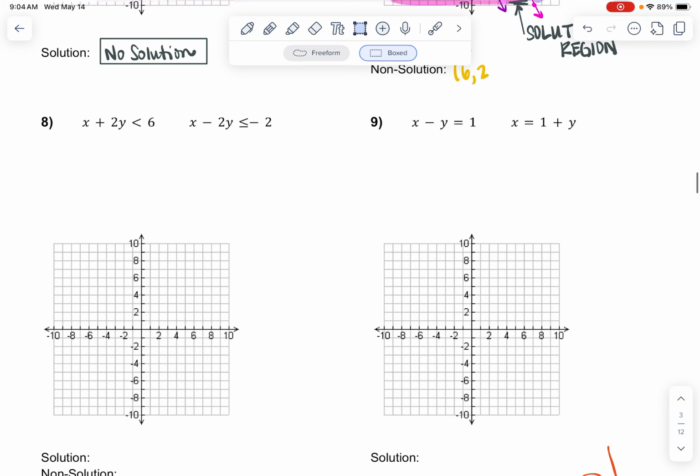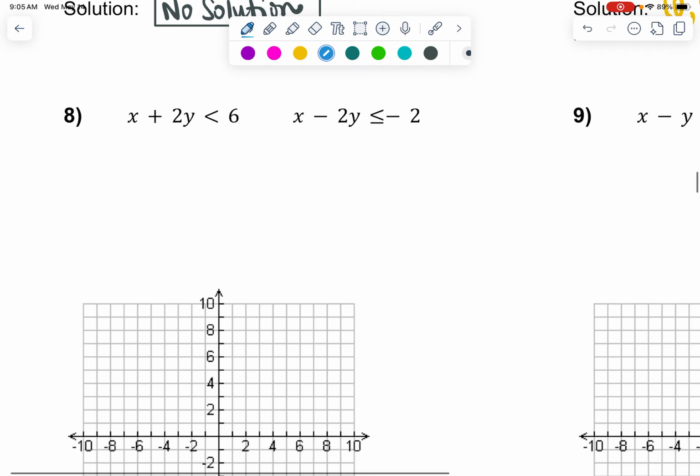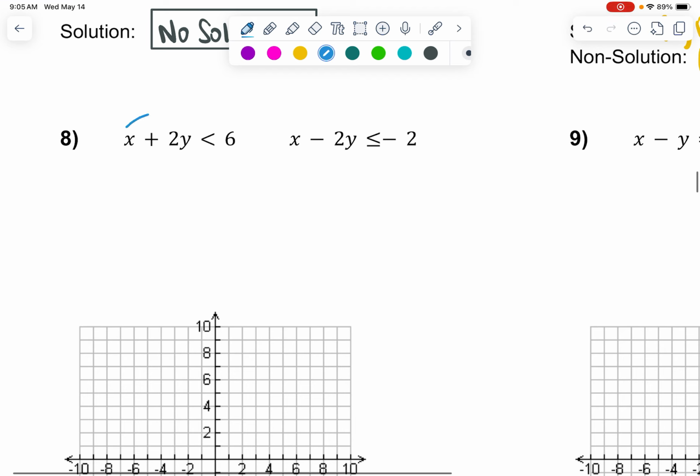Number 8 and 9, we're basically doing the same thing. So number 8 is also an inequality, but he's not in y = mx + b form. So we definitely need to do that. So we need to solve for y. So I need to bring the x over. So I'm going to subtract the x because he's positive on the left, which means he has to be negative on the right side.